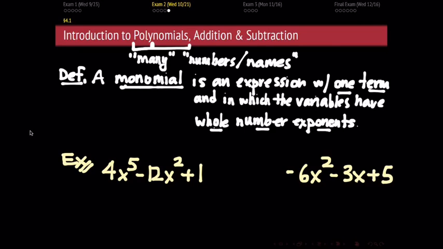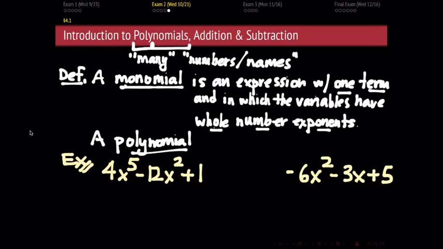Yeah, so each of these is a polynomial. And if you don't believe me, how do we know that each of these is a polynomial? More than one term, and each of the terms is what? A monomial. Each of the terms is a monomial. So I should put that definition up here to make sure it's on the board.